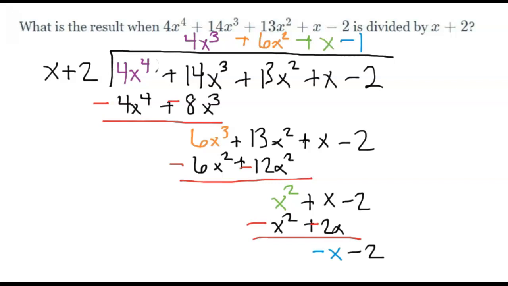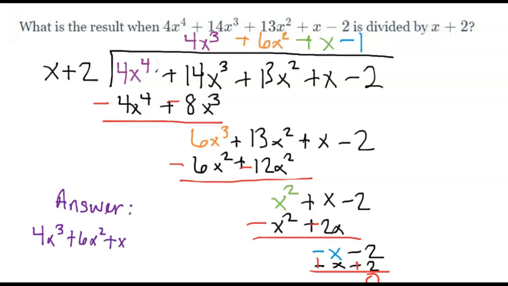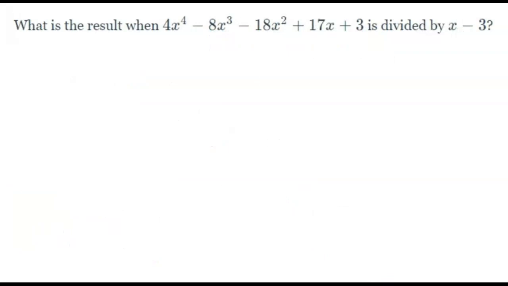And that leaves us with the last part of this, which is negative x divided by x is negative 1. And if we multiply that negative 1, notice again we will end up with a remainder of 0. So when we divide this polynomial by x plus 2, notice that it is a complete root, and it does not have a remainder. So that means it factors completely when we think about long division.